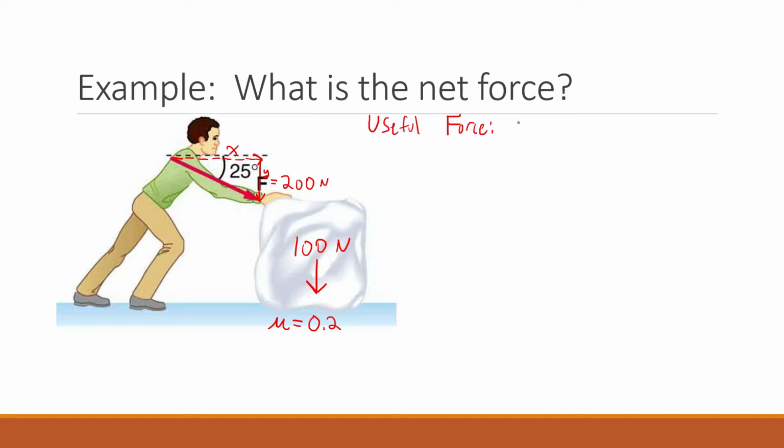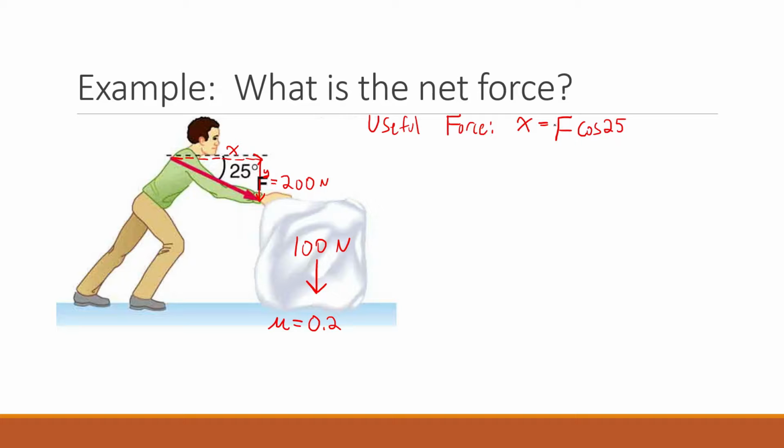Okay, and I'll just pull the formula from the last slide, where it was x. The x component was the amount of force times cosine of the angle. In this case, it's still 25 degrees because we still have an angle of 25 degrees.